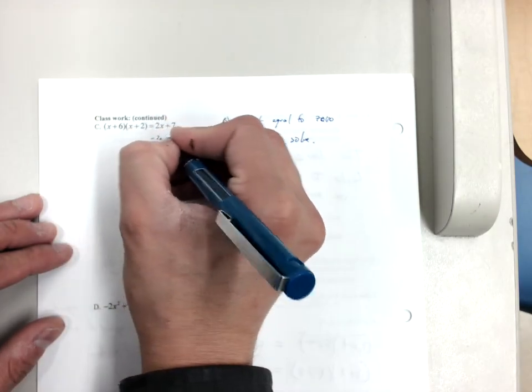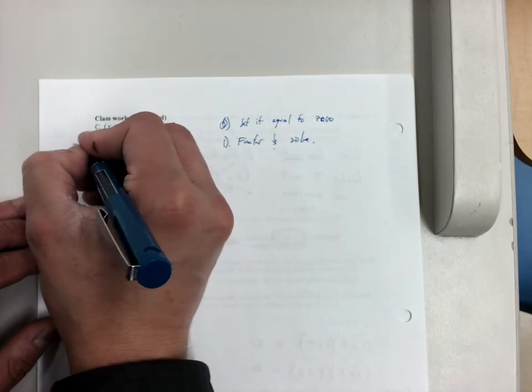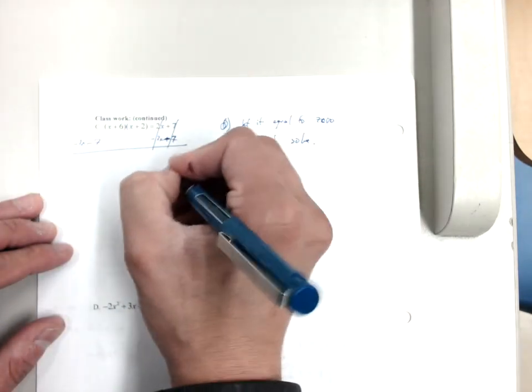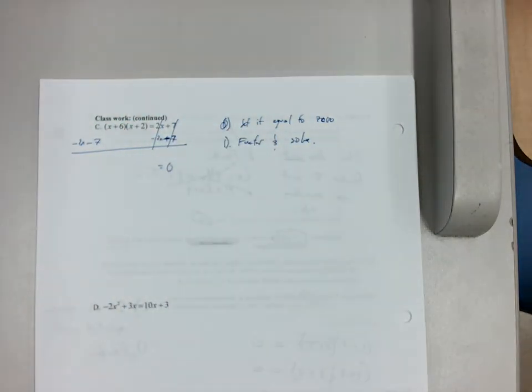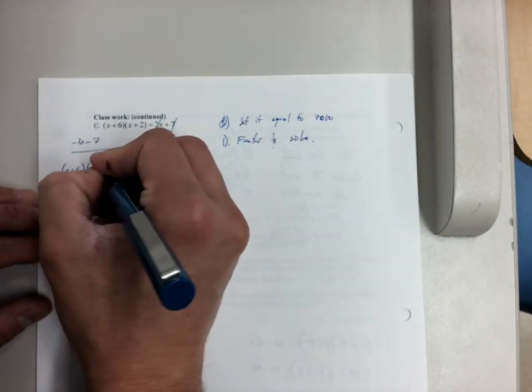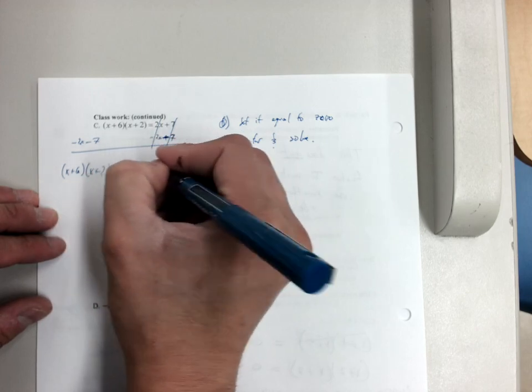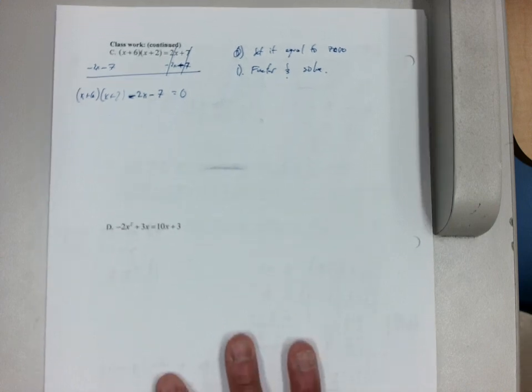I'm going to move this stuff over by adding the opposite. These cancel and I get 0 on this side. On the other side, we get x plus 6 times x plus 2, minus 2x minus 7, equals 0. And you do the same thing, you distribute it. Do the same thing with question D.